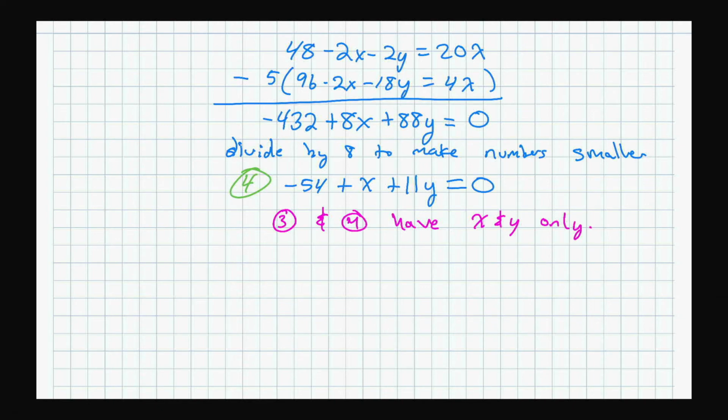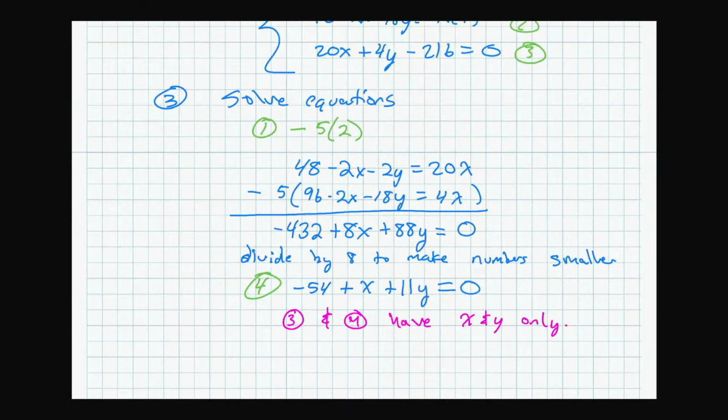So what we want to do is eliminate one of those variables. Just looking at 3 and 4, for the 20x, I would have to multiply this by 20 to get a 20x. I don't really want to. This has an 11y and this has a 4y. They're not like terms or anything. So I guess we will.